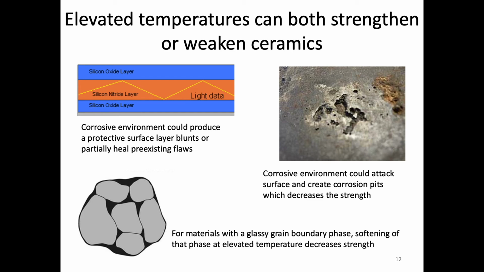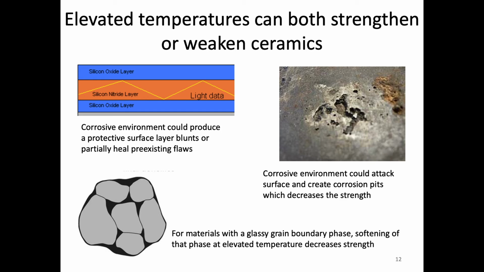If we heat this thing up at higher temperatures in a normal air atmosphere, that corrosive environment would basically create a silicon oxide layer on the outside. And so this would basically be a protective surface layer that would protect the interior layers. And so oxidation can sometimes result in passivating or protective surface layers.